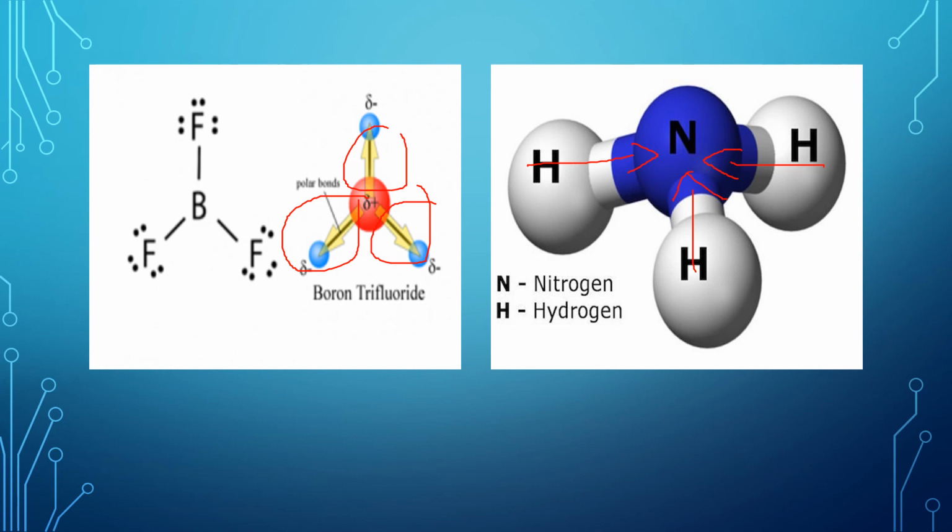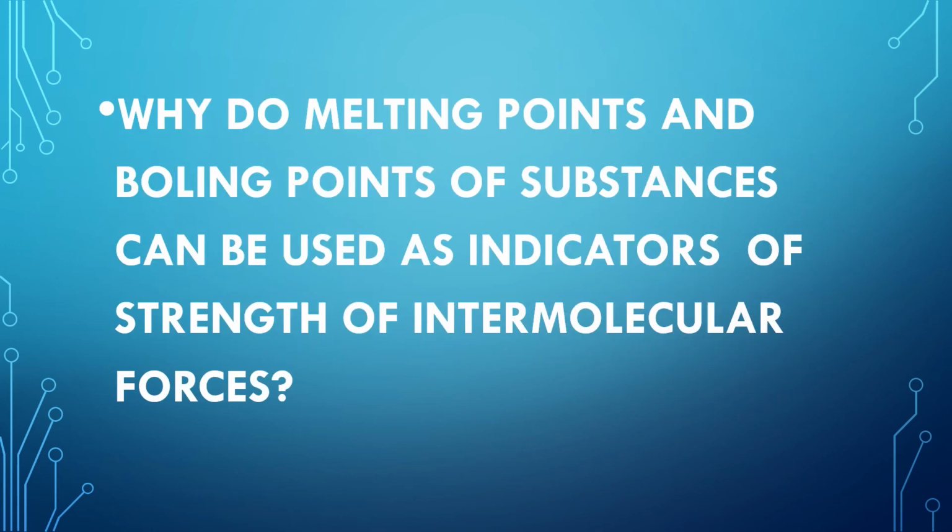So equal sharing, meaning non-polar, it is a London dispersion. So, hindi ka masulat. So, London dispersion. While this one, it is an unequal sharing. But it is polar, meaning it is a dipole intermolecular force. Okay? So, that is the intermolecular forces.